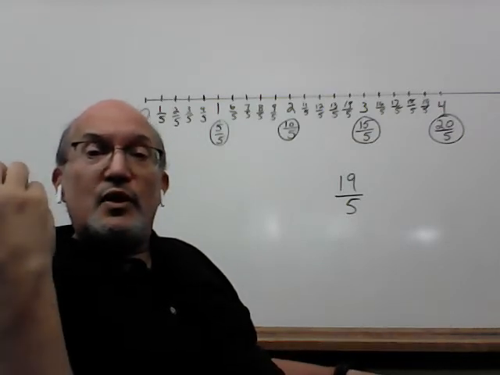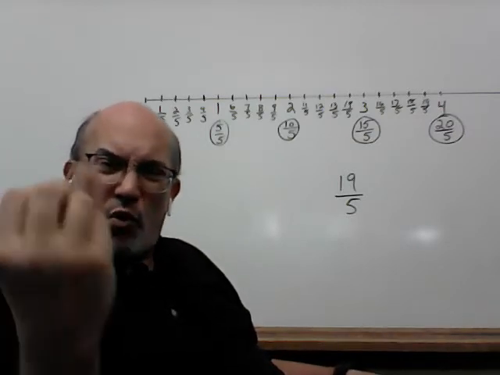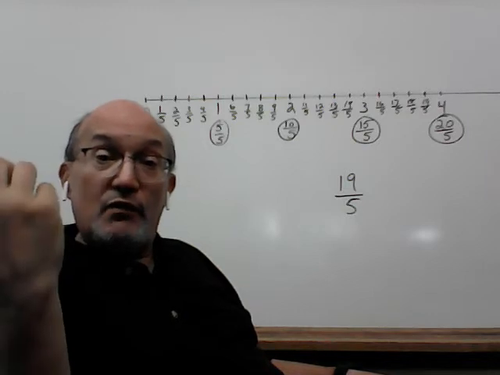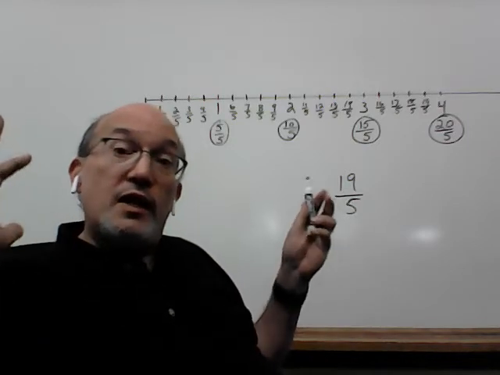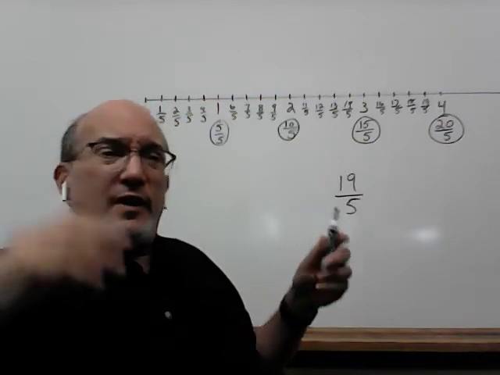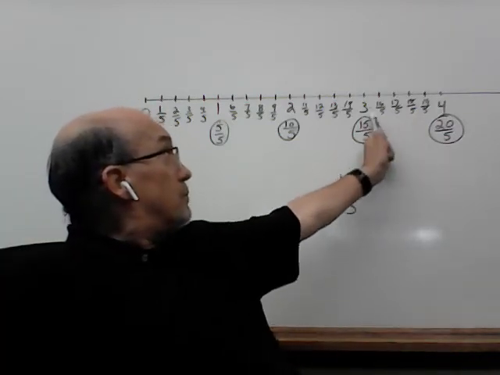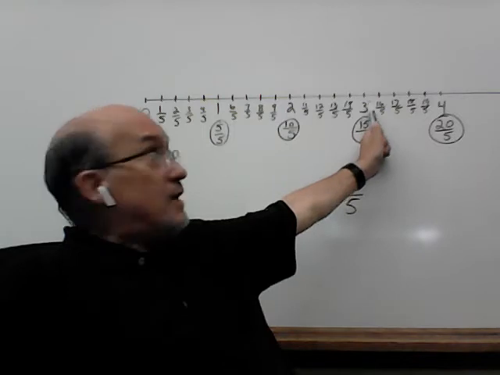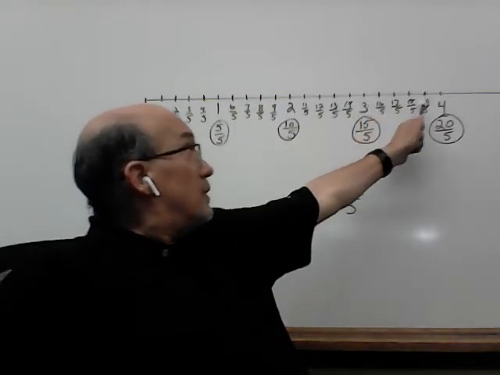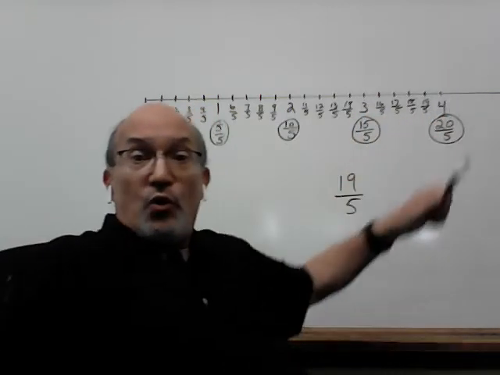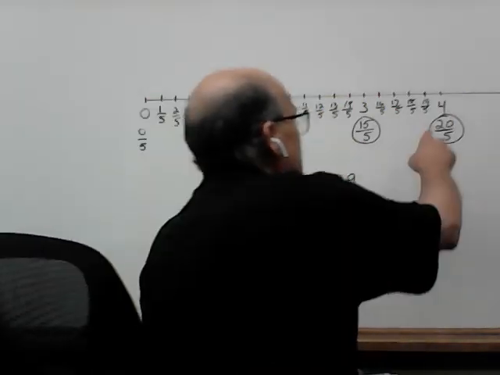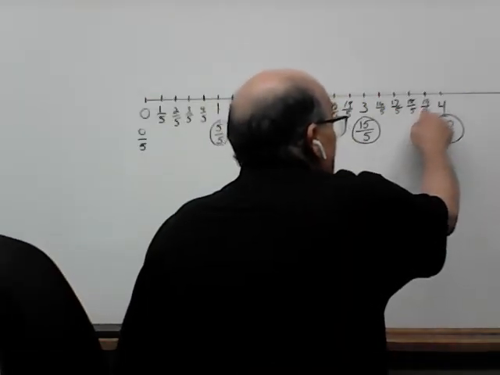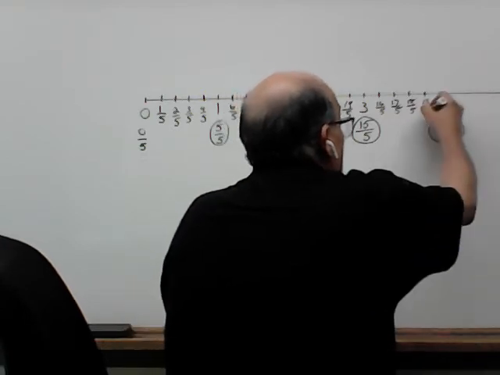The mixed number gives us a better understanding of the quantity, a better understanding of where that number is on the number line. We know it's the 19/5, but where is that? Well, it's past 3. Here's the whole number 3, but it's less than 4. 19/5 is to the left of the whole number 4.